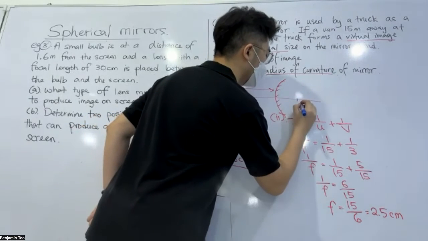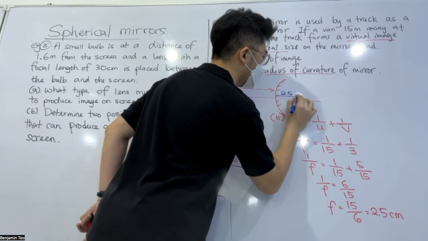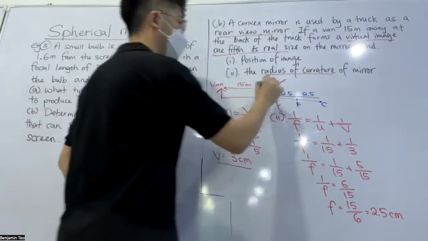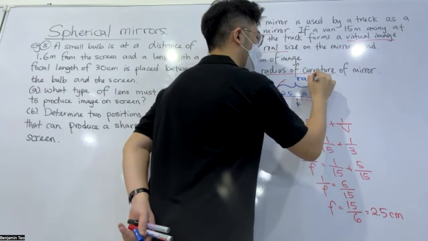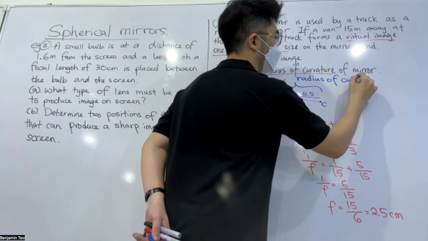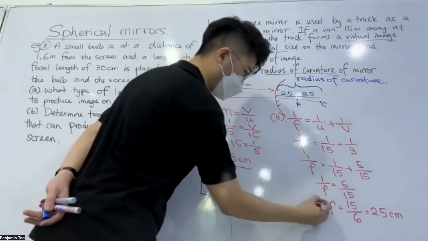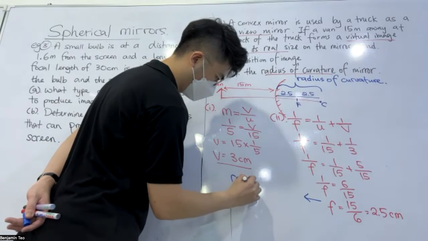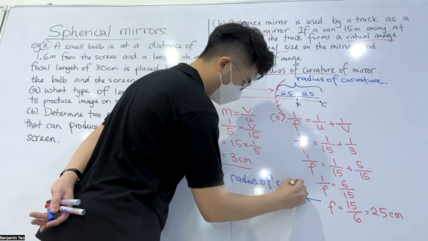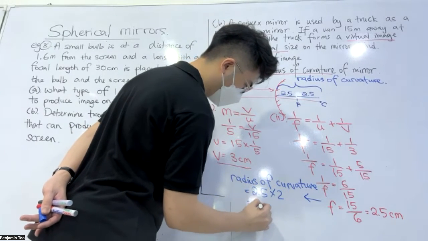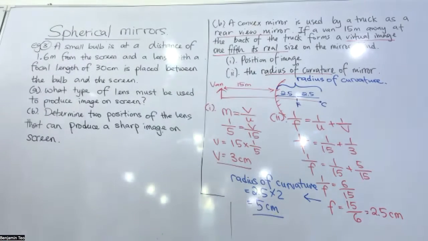Focal length, so radius of curvature is double. Radius of curvature is from here to the center. Okay, example 3.